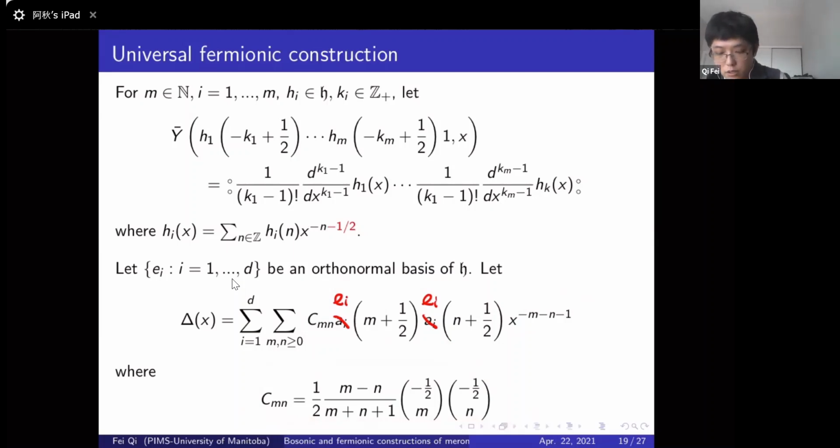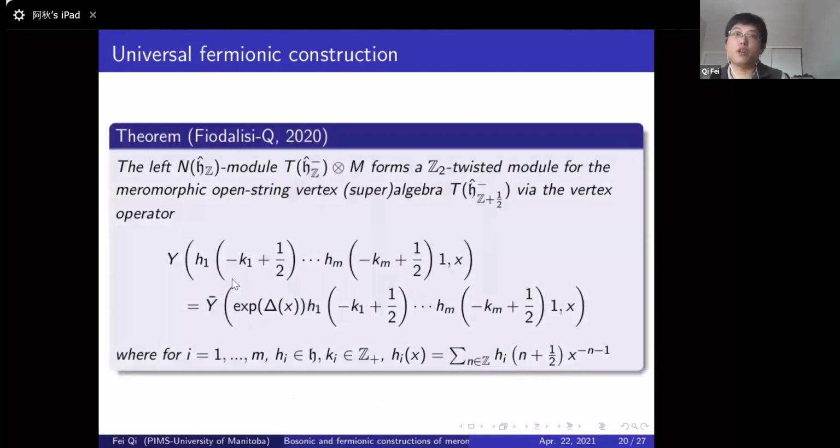And using this delta x, we can come up with the actual vertex operator. This is basically what we proved, I think, last November. So the left NH hat Z module will form a Z2 twisted module for the meromorphic open strings vertex superalgebra T H hat Z plus 1/2 minus via the vertex operator.